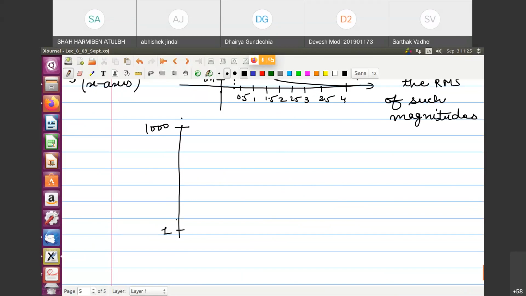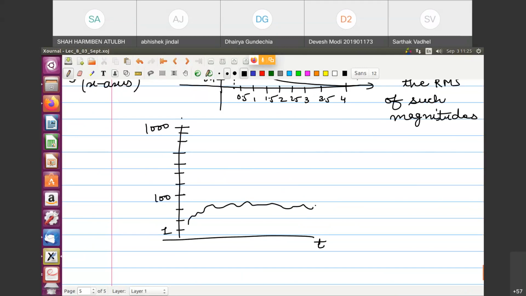Now I am using uniform quantization. But the problem is, let us say I know that 70% of the time my speech signal will remain between 1 and 100. So let us say this is my speech signal, this is amplitude and this is time.